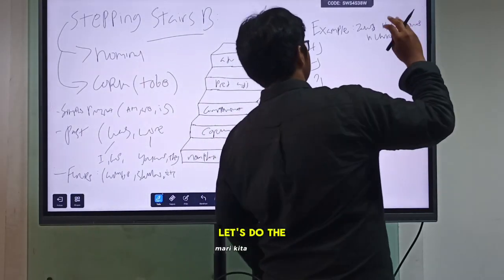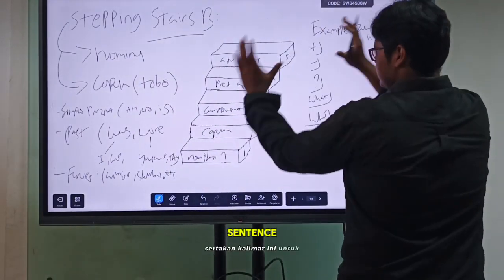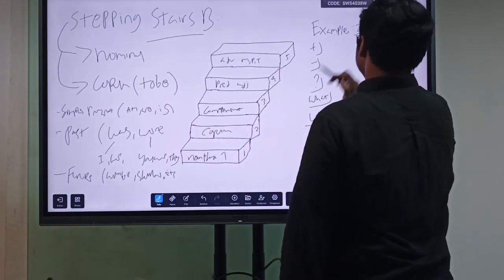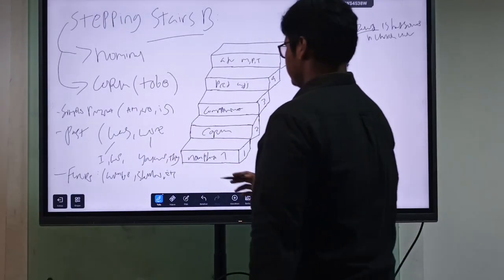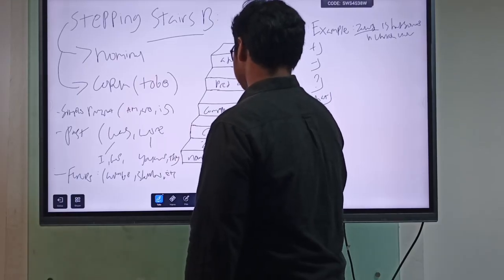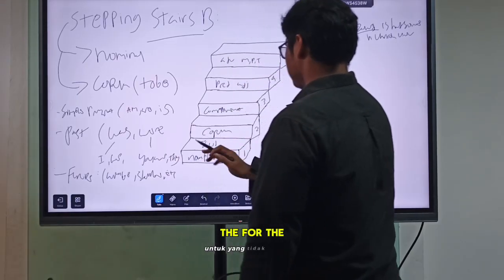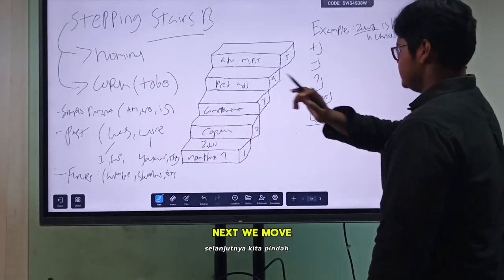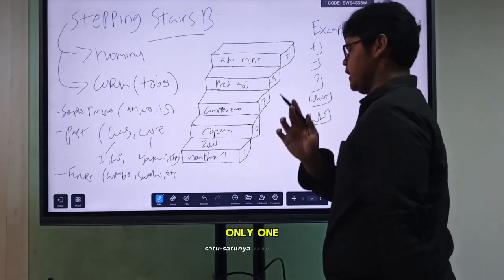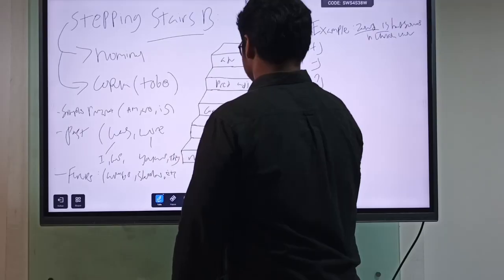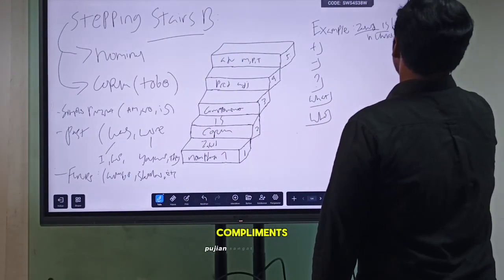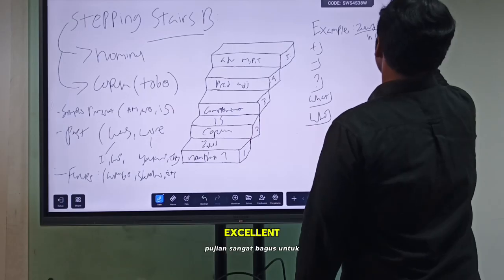Okay, let's include the sentence in these steps. We know Zahid is the subject in the sentence, so we can include Zahid in the noun phrase step. Next, we move to step 2, the copula. Because Zahid is only one, singular, we can use is. Next, the complement. The complement explains the subject.